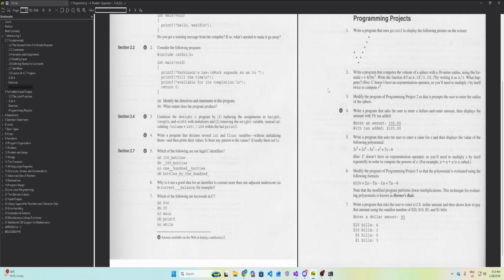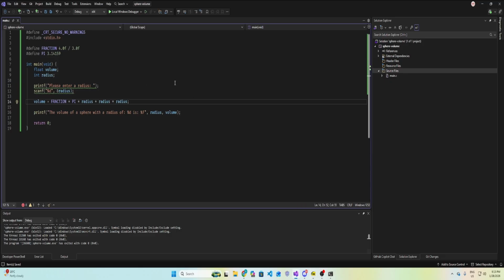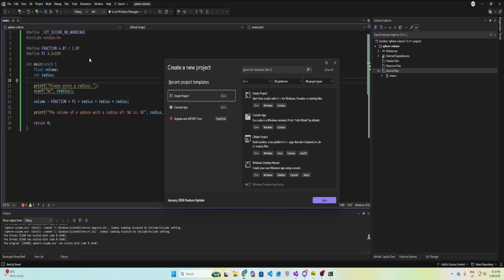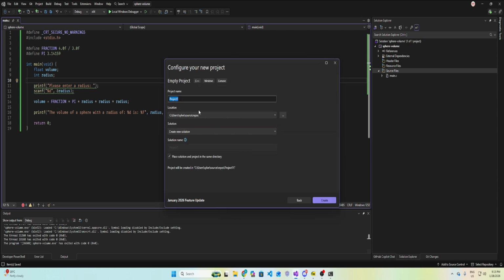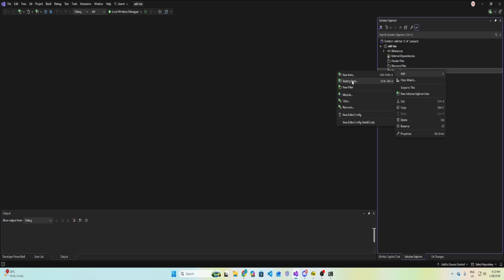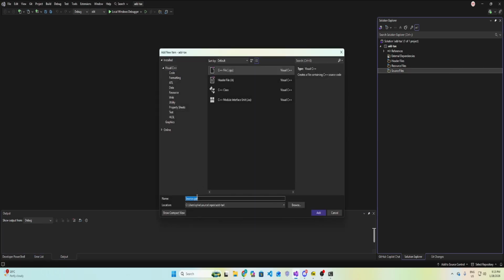Next one, write a program that asks the user to enter a dollars and cents amount, then displays the amount with a 5% tax added. Doesn't sound too bad. Just going to call this add tax. Nothing fancy.